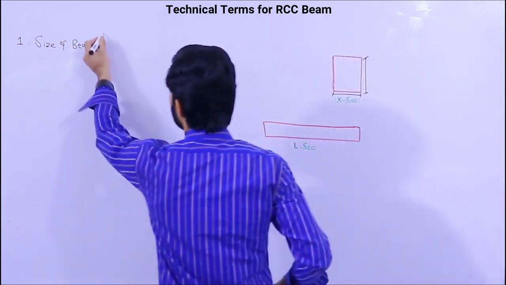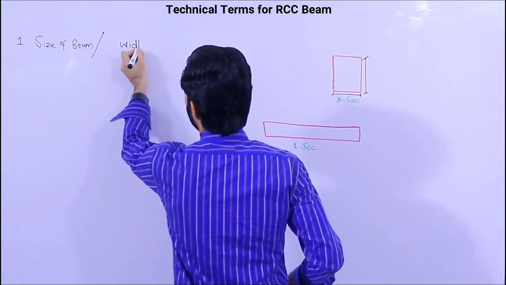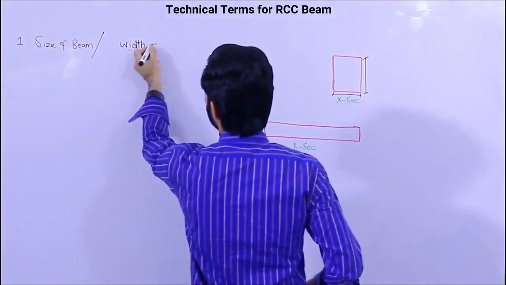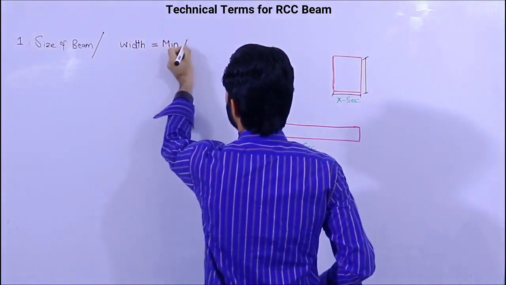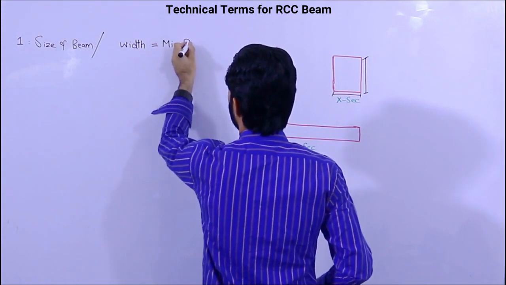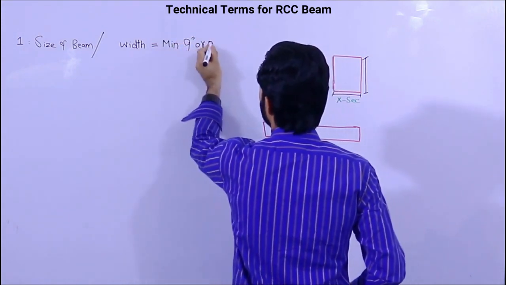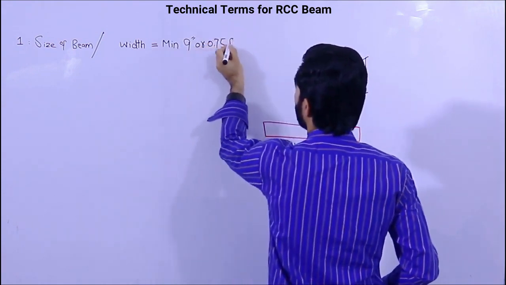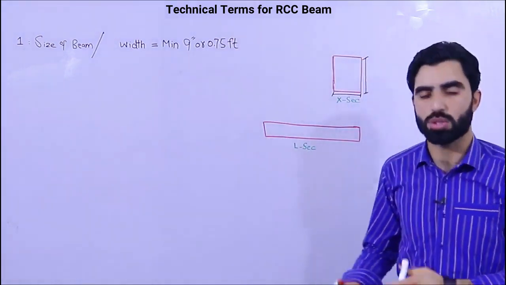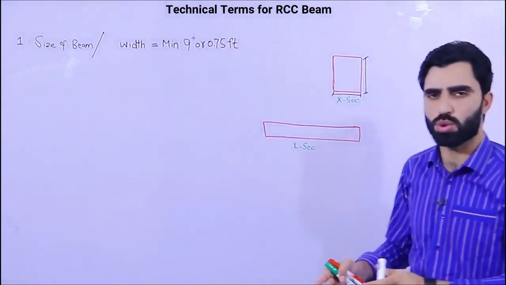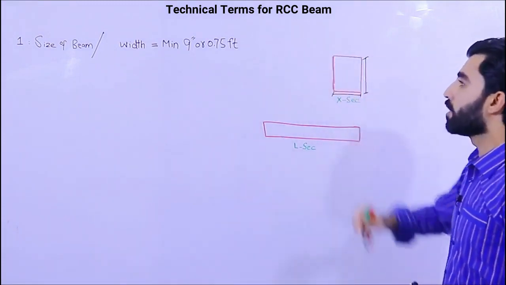The minimum width of the beam should be 9 inches, or you can say 0.75 feet. It should not be less than this for a normal residential building, especially for 1 story or 2 story, ground floor plus first floor, so you can keep the width of the beam 9 inches.